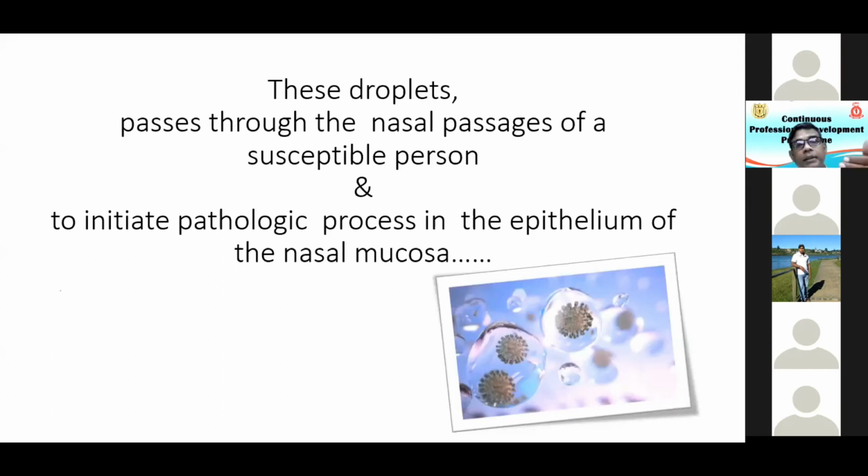Once the virus attaches to the receptors of the nasal mucosa, there is no way of reversing it. Whether you use smoke or steam or any other substance, or gargle or use anything, you can't reverse that.